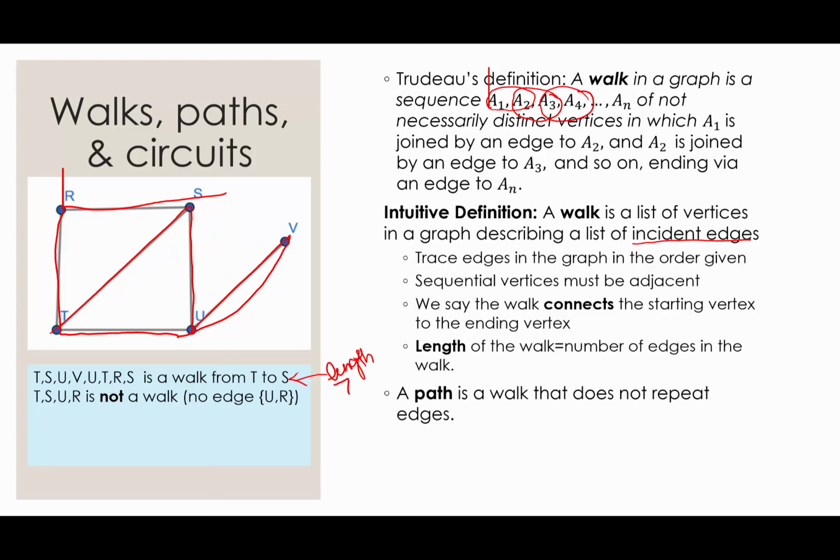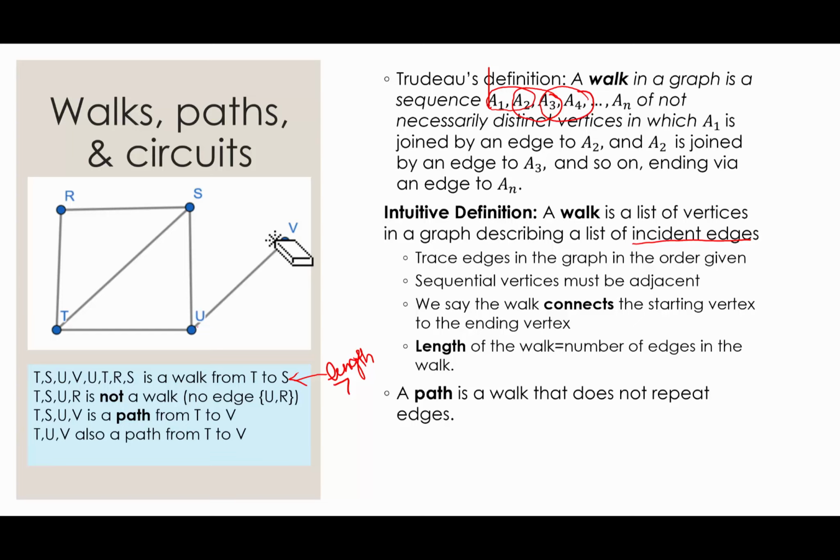Along with the idea of a graph having a walk, we can talk about a path. Now, a path is a specific kind of walk. It's a walk in which we don't repeat any edges. So I gave two examples here. So unlike when I repeated this edge here from U to V, we're going to not do that this time.